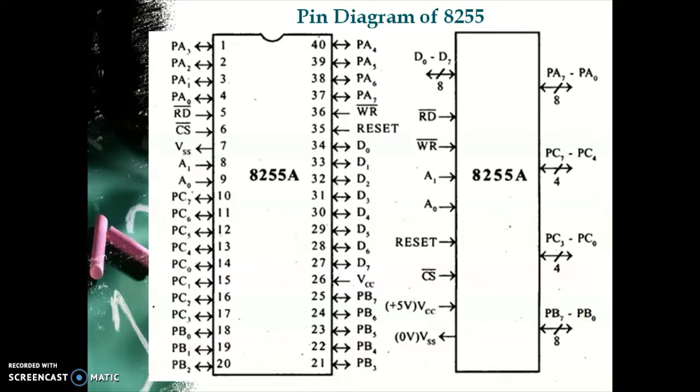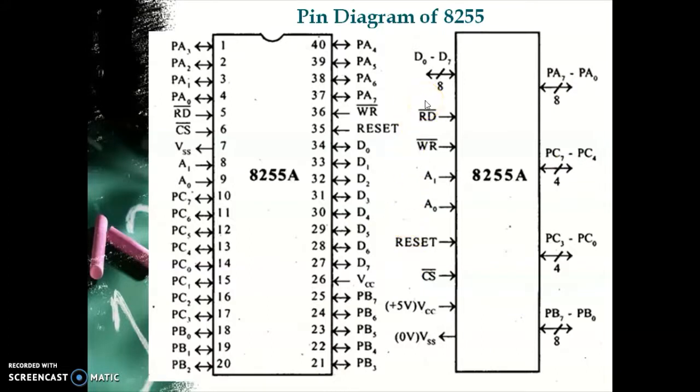Port A can be used as a complete 8-bit port, and port B can be used as a complete 8-bit port. Port C can be used as two 4-bit ports called port C lower and port C upper. These 3 ports constitute 24 pins.